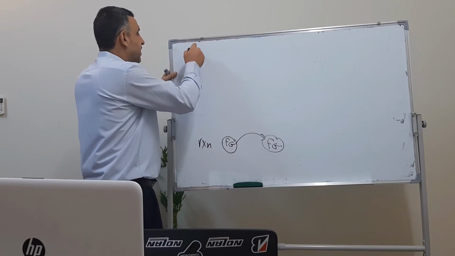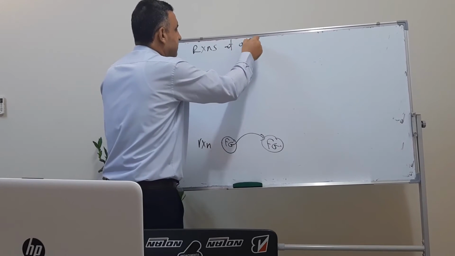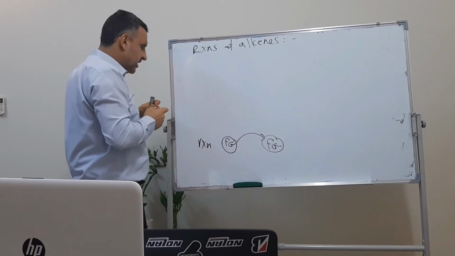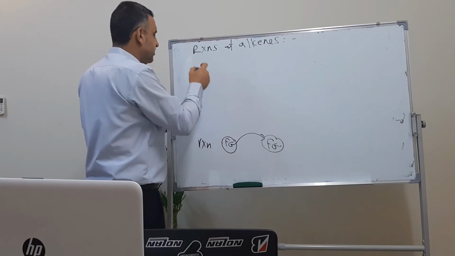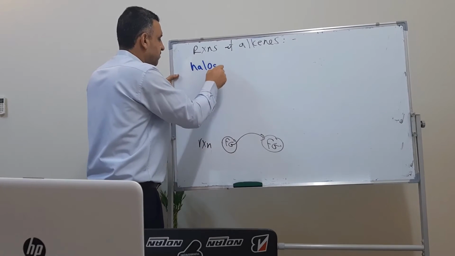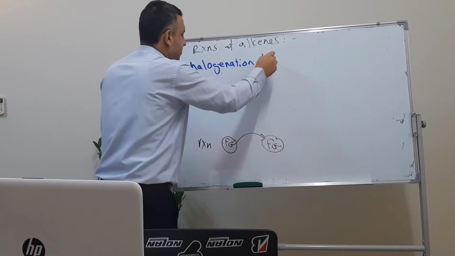The second type of reaction which we discuss today is halogenation of alkene.